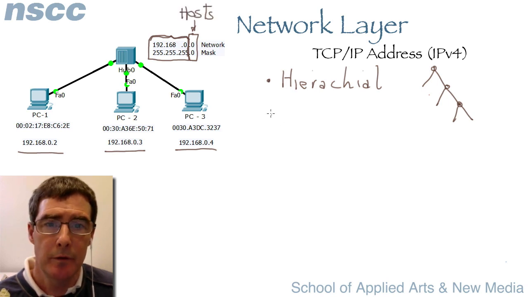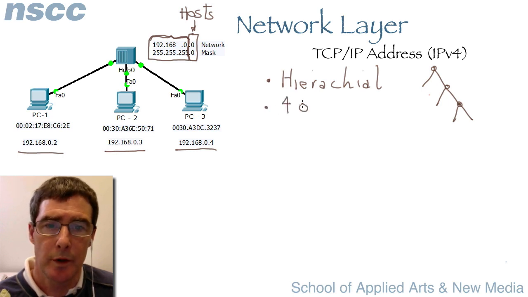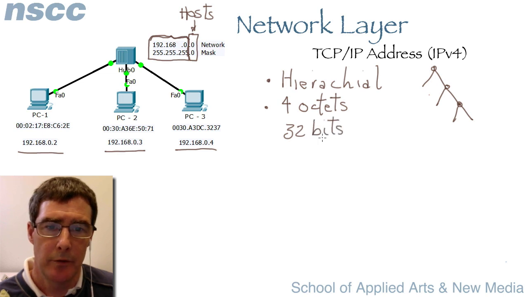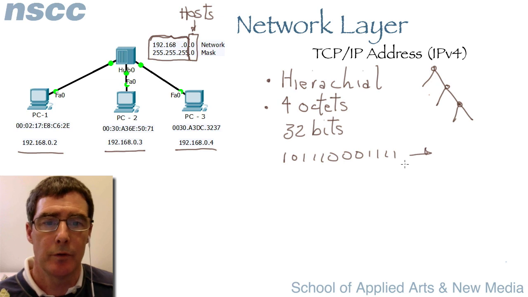So in IP version 4, we have 4 what are called octets. An octet is 8 bits, so we have 32 bits that we're using for network addresses. And again, lots of ones and zeros that humans don't work very well with.